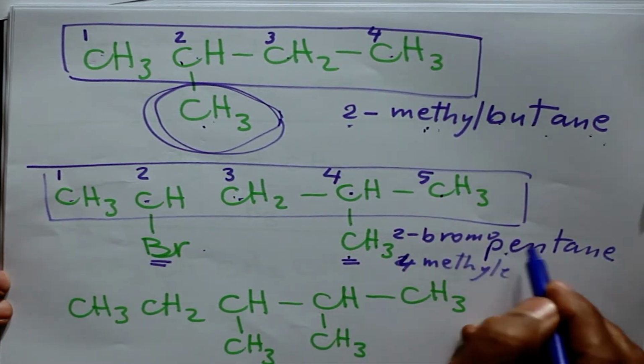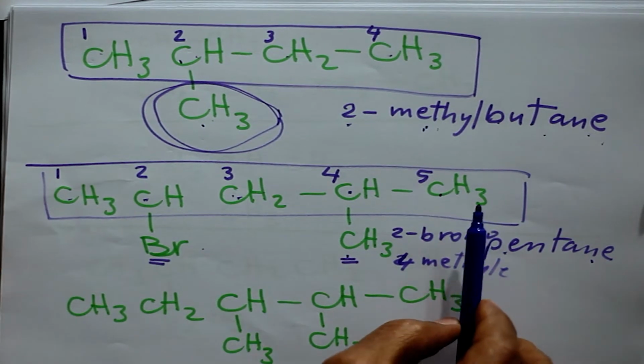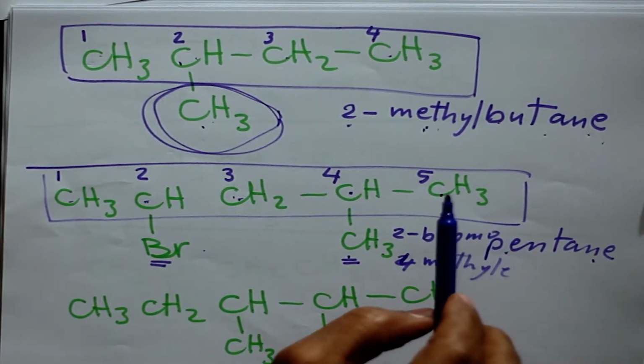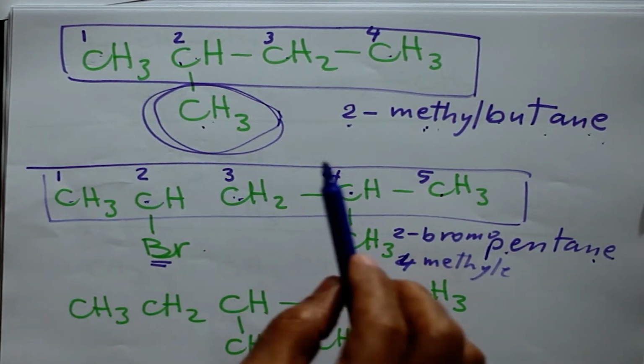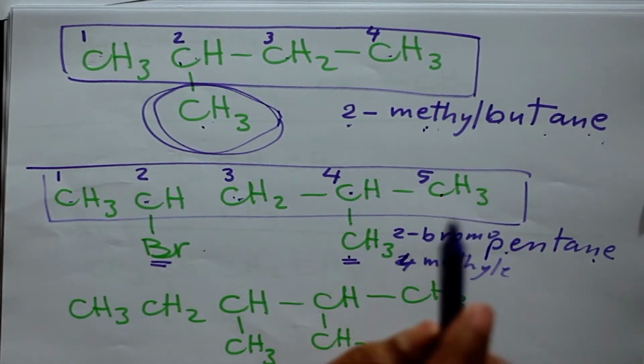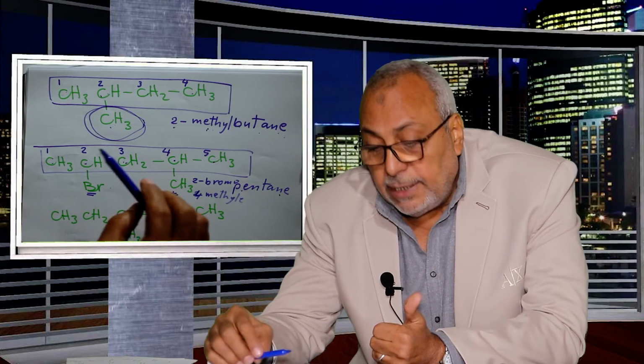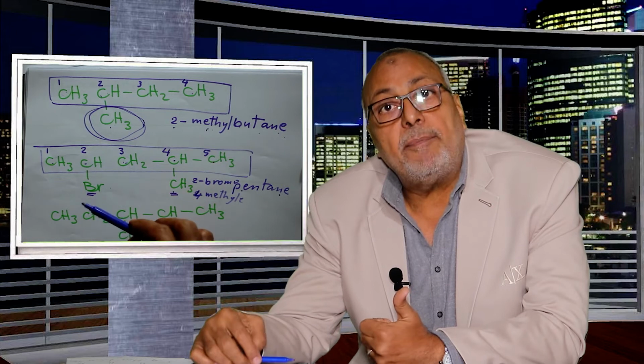pentane. Again, to name any compound, first choose the longest continuous chain of carbon. Then number the chain starting from the end nearest to the branch.